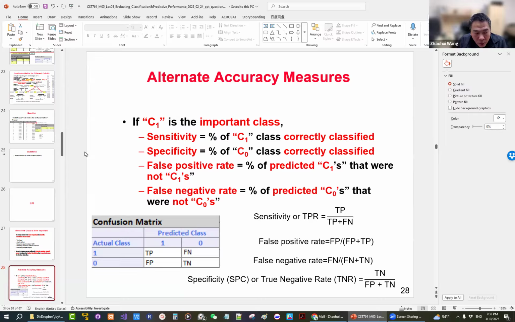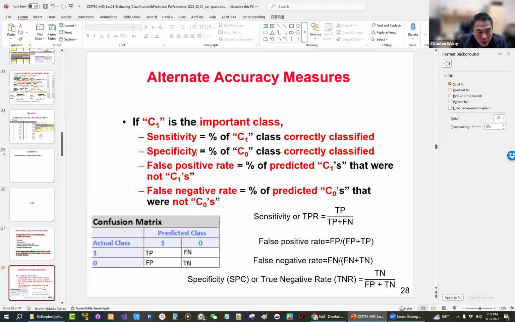Based on the equations of sensitivity and specificity, sensitivity evaluates whether the actual class 1 is correctly classified. This is the first row in the confusion matrix: TP divided by TP plus FN is the sensitivity.